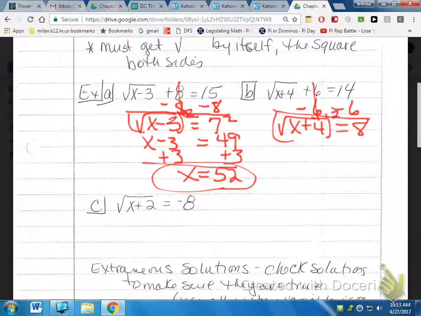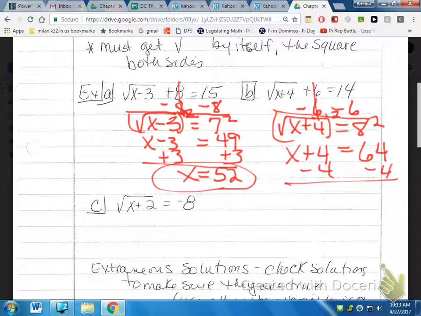You square both sides. 8 squared is just going to be your regular old 64. On the left, when you square something in a radical sign, it just removes both those things and you just bring x plus 4 out. You subtract 4 and x equals 60. Questions about that?